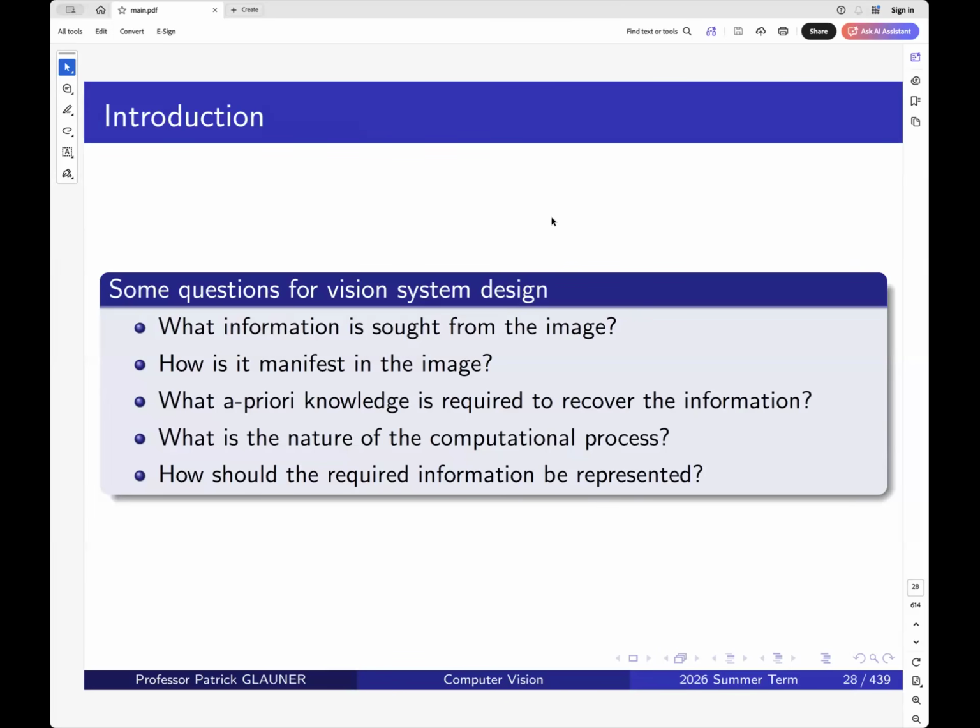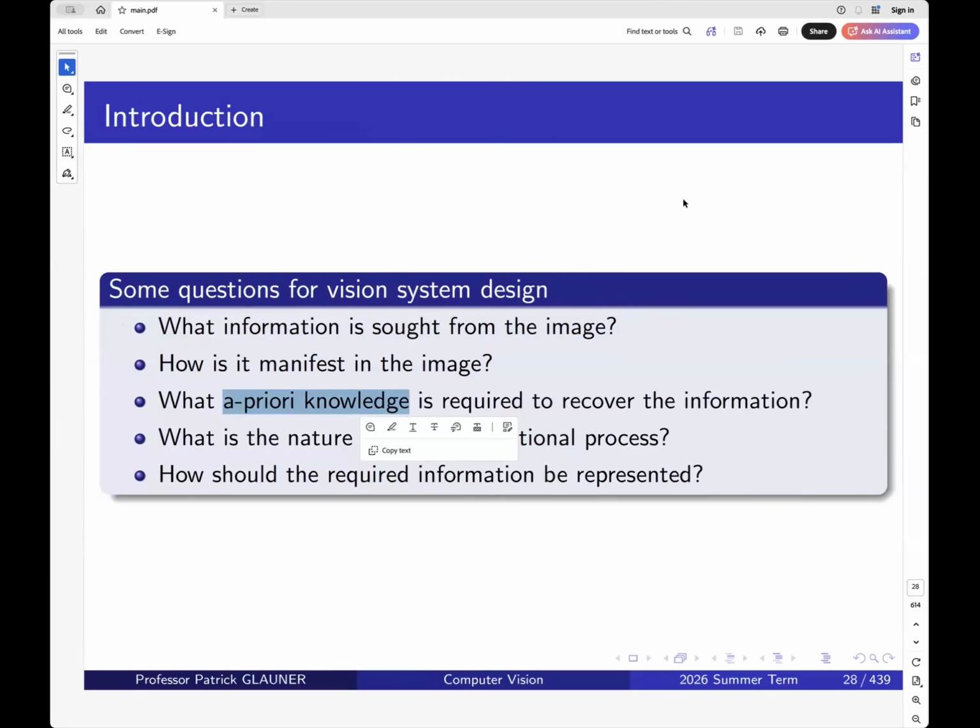when you build a vision system. So also when you think about your project, you need to think about these. For example, you have images, but what is the information that you're looking for in the image? That's the first thing. Later you think about how you can do this. But first of all, what is the information that is sought from the image? How is that information manifest in the image? Do we need prior knowledge about the image, the scene?